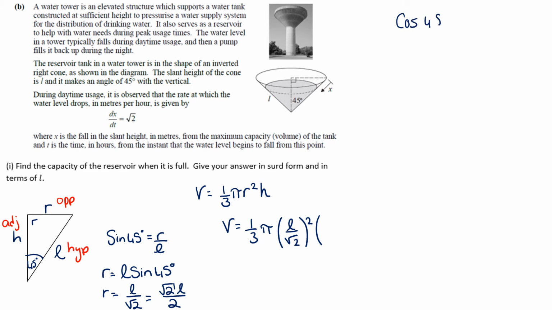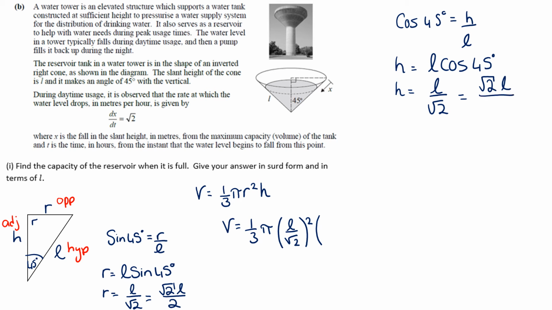So cos of 45 degrees is equal to h over L. So h is equal to L cos 45 degrees. So h is equal to L over root 2, or if you're using your calculator, it will be root 2L over 2. So I'm going to write this again as L over root 2.